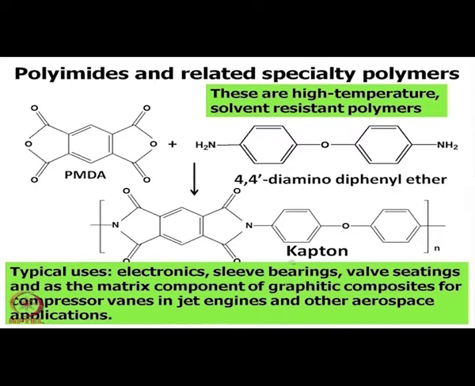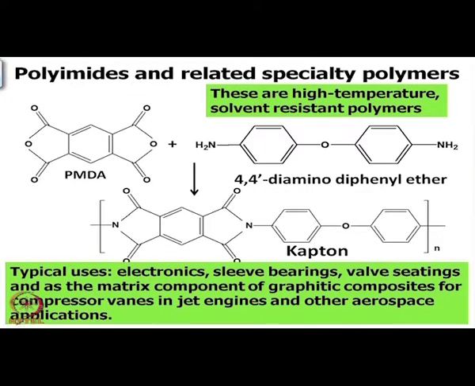So, one can use Kapton as the matrix resin, continuous phase resin, and fiber can be made of graphite or carbon fiber or graphitic fiber or graphite fiber. So, carbon fiber reinforced polyimide resin can produce a very high performance composite that is used as compressor vanes in jet engines and other aerospace applications.